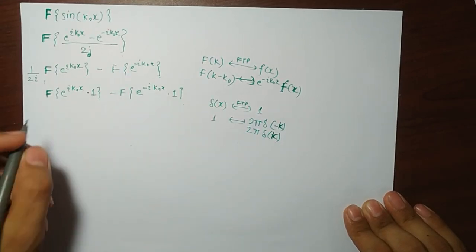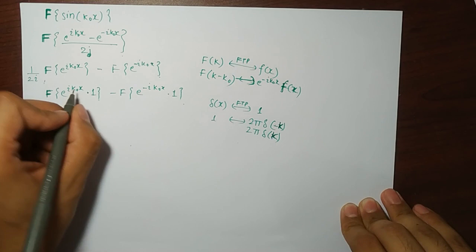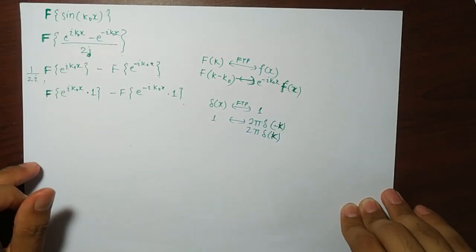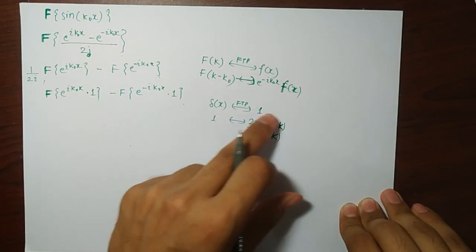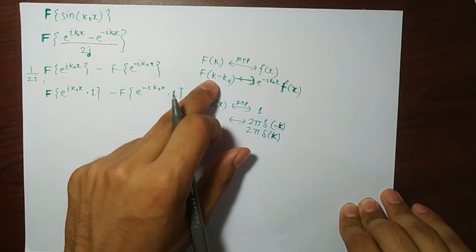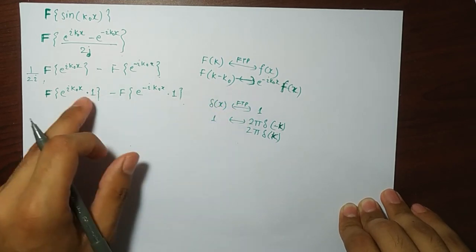So applying this here, there would be a minus k naught sign if there is a minus here.